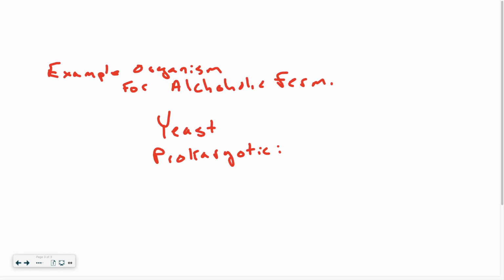Bacteria. So bacteria don't have mitochondria. They do alcoholic fermentation. Most yeast, even though they are eukaryotic, do have mitochondria, but they can be made to do alcoholic fermentation. We take advantage of that in baking bread and making alcoholic beverages or alcohol in general.